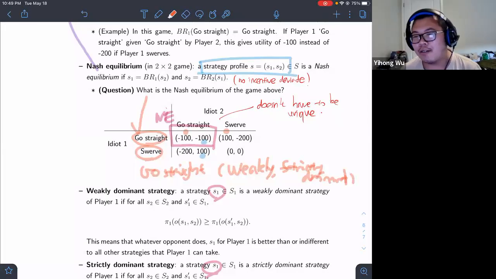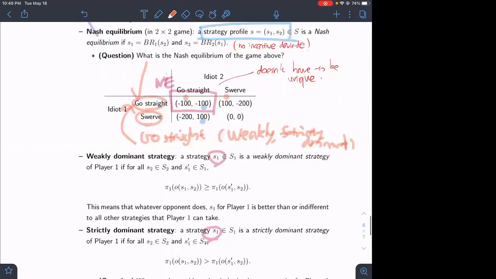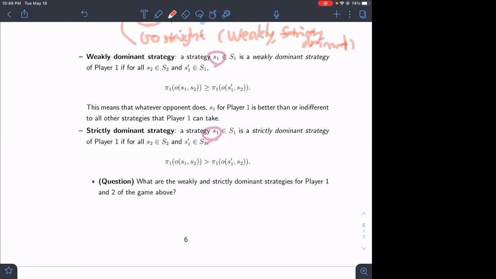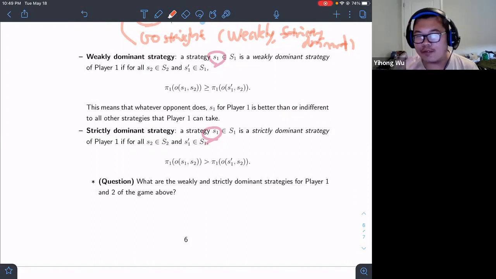Just to clarify, when a strategy is strictly dominant, it also satisfies being weakly dominant, right? Very good. In any case, if it is strictly dominant, then it is also weakly dominant.